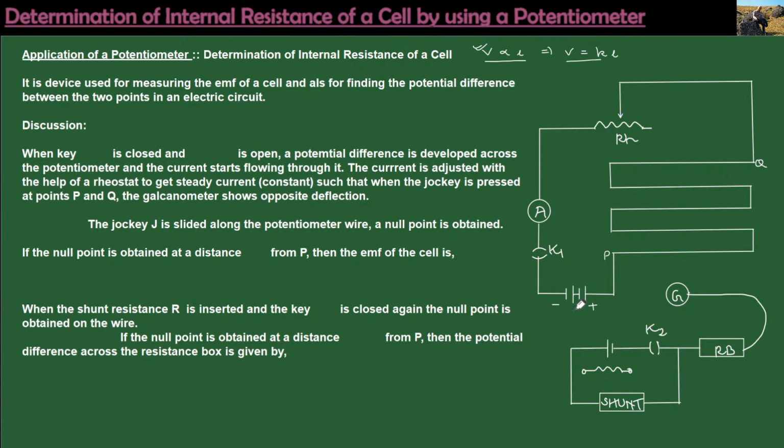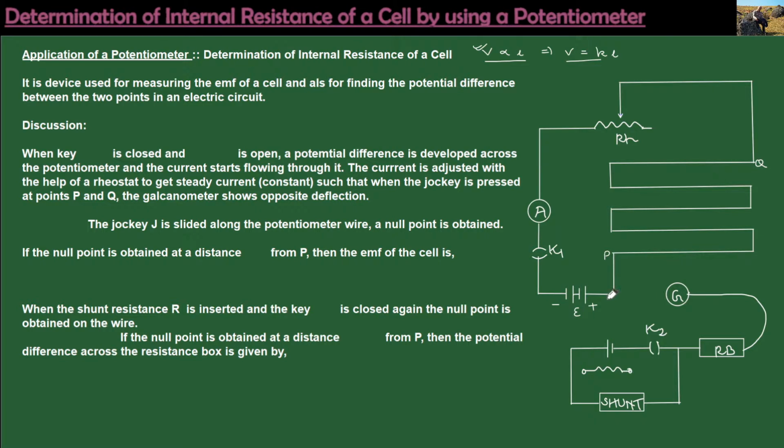Let E be the EMF of this voltage source. Now when current is flowing through this wire, if we want to measure the potential drop, or the null point, we can slide along the potentiometer wire by the aid of the jockey or pencil jockey.